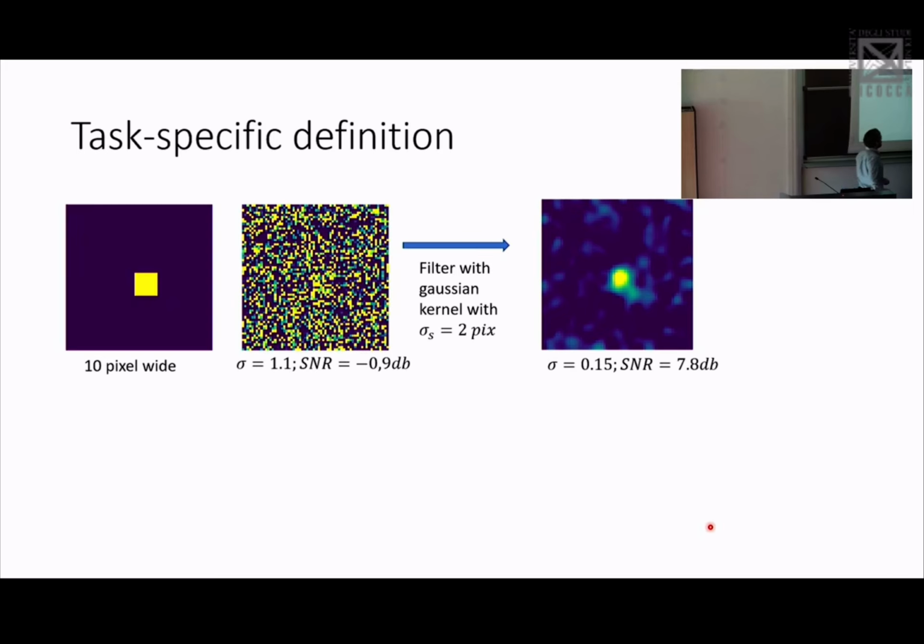The signal-to-noise ratio is therefore negative. But if I filter this image with a Gaussian kernel, we can recover that because we hide all the high frequencies. So if my question is whether there is some kind of signal on a scale which is big enough compared to the noise, the answer is yes. And so in this case, if I again define the signal-to-noise ratio, I get a very large one.